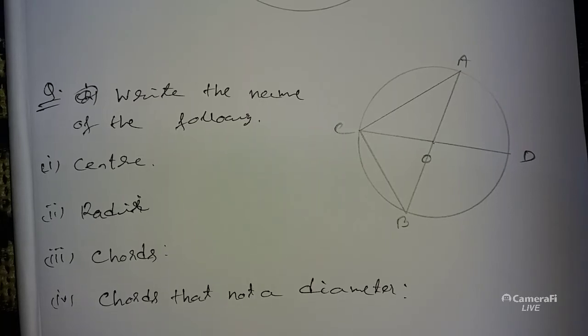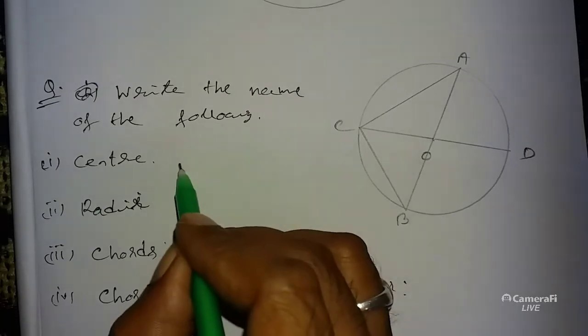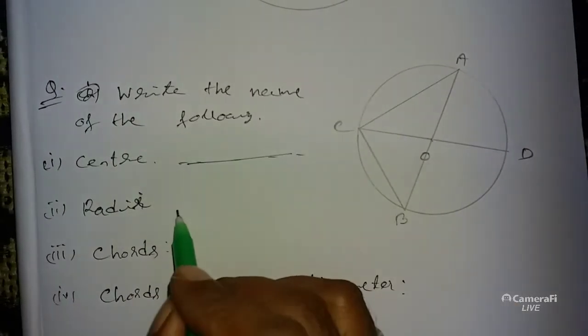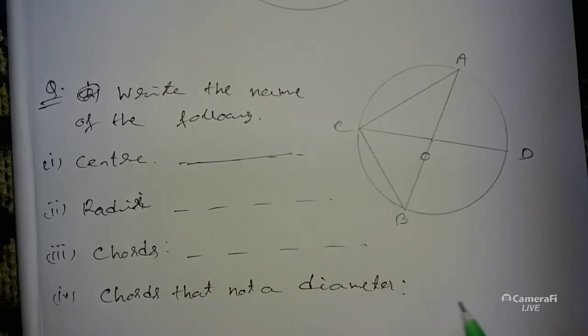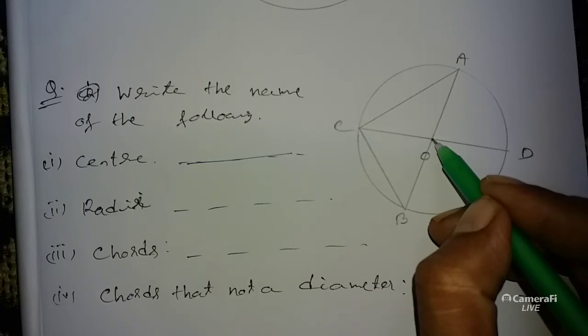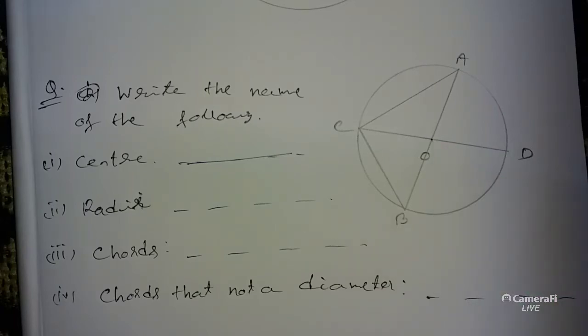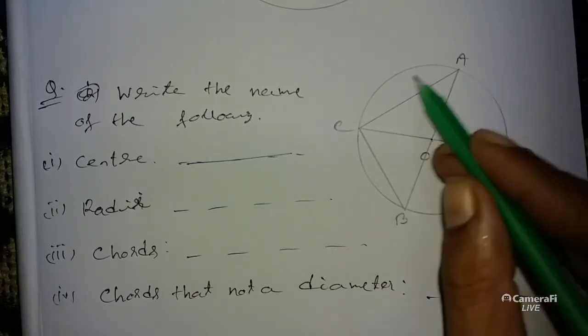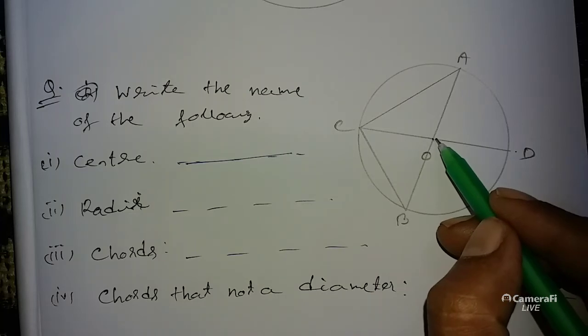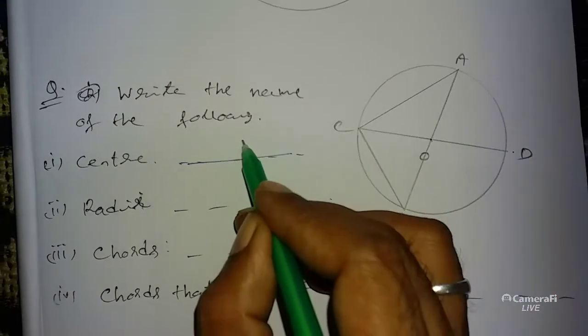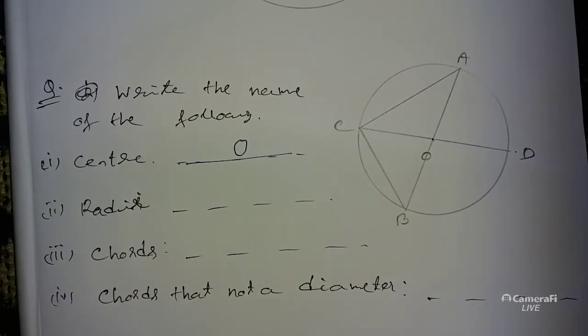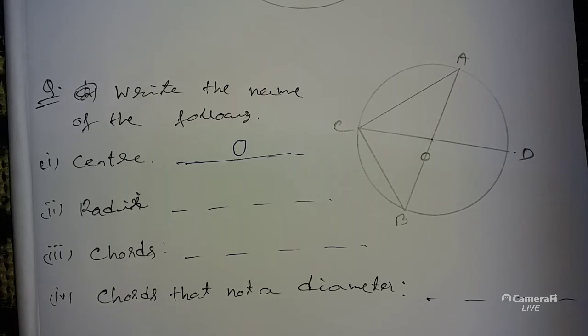So in the figure, see that center, what is the name of the center? We will write the name of the center, the fixed point inside of the circle from where every point is at equal distance. This is the O point, is the center. The center name is O. Radii is actually the plural form of radius.